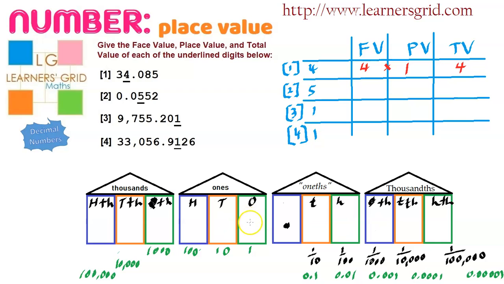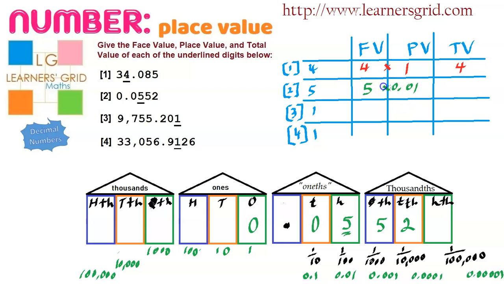If I do number 2, we've got 0.0552. We don't care about all the digits, we only care about this 5 right here. The face value of the 5 is just what it is by looking at it: it's a 5. The place value is the hundredths, so we can put it in as a decimal, 0.01.